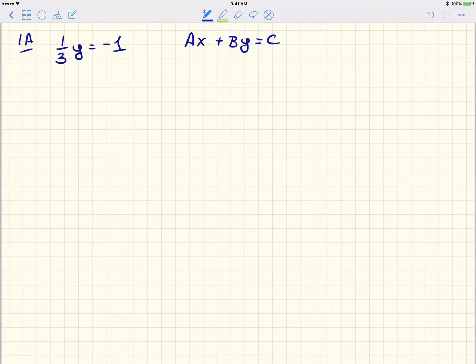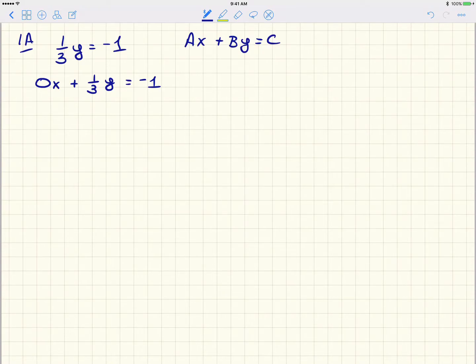And you're maybe saying to yourself, well, what about the x? There's no x there. Well, there actually is an x, or we can make an x by having a equal to 0. So I can rewrite this equation as 0 times x plus 1/3 times y, or y over 3, equals -1.